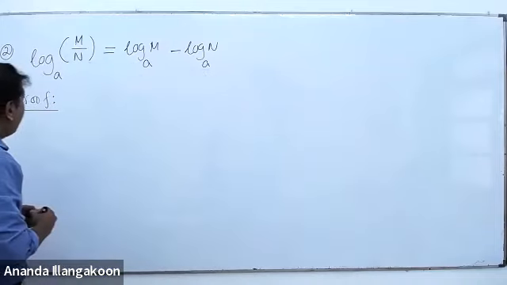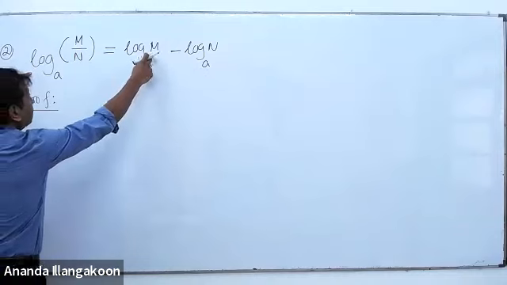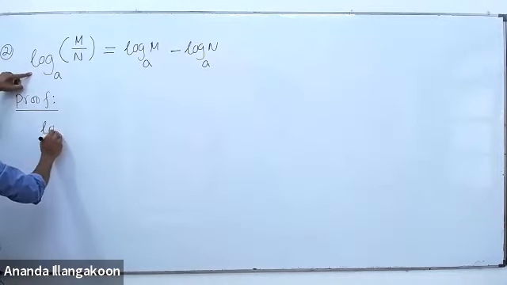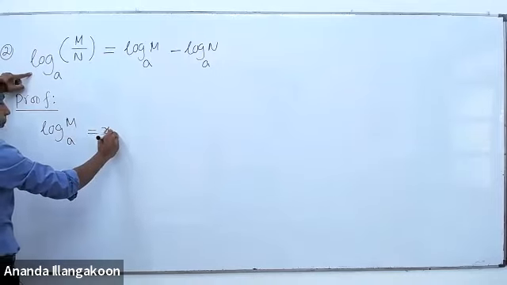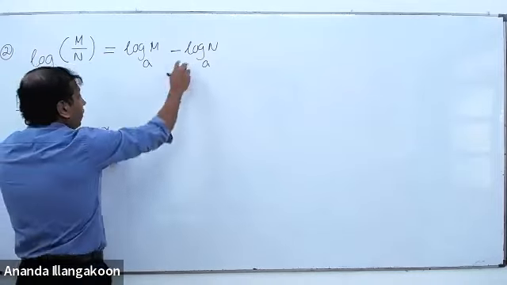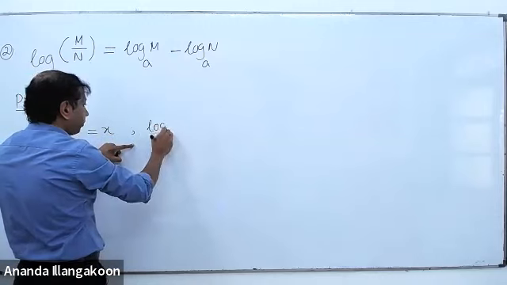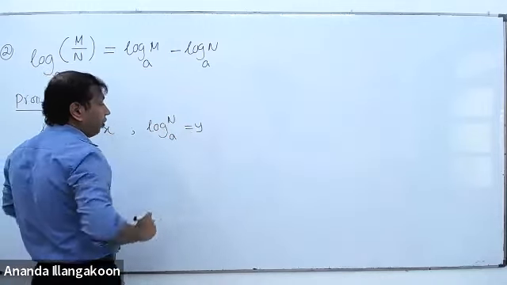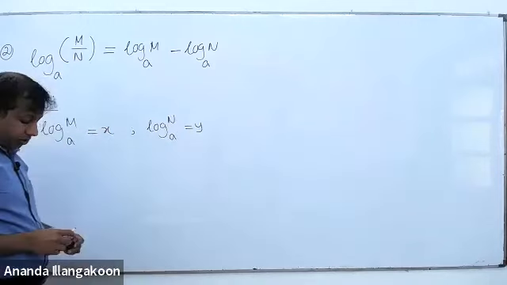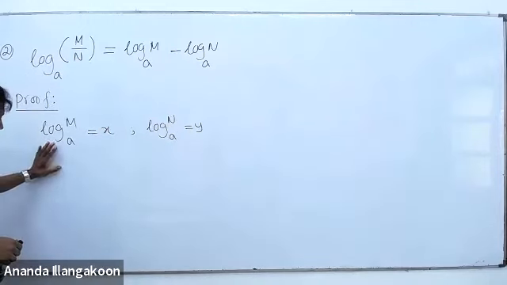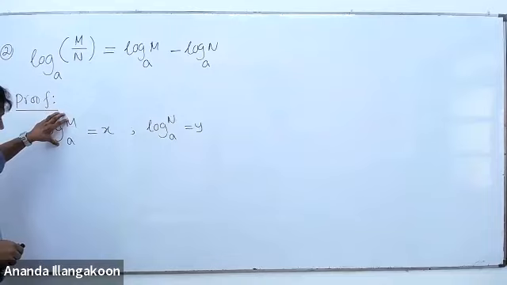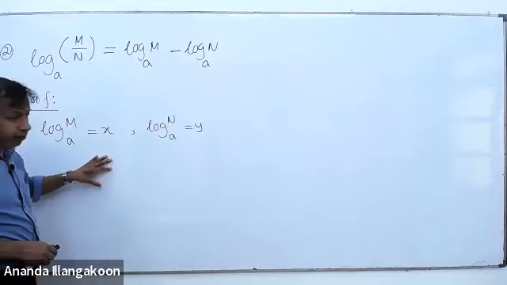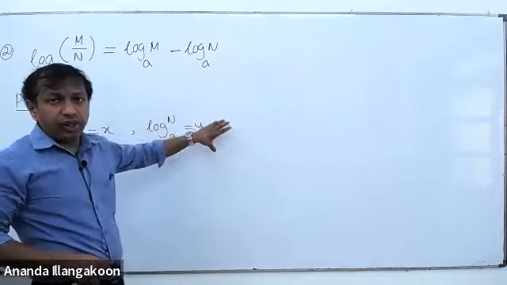Right, people, now I take this one as x. I take that log m to the base a as x, and this as y. Next line, people, convert this logarithmic form to index form and this logarithmic form to index form.